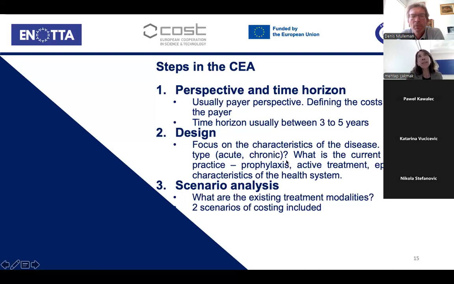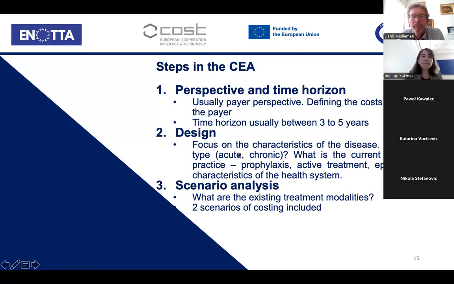Firstly, these should be with cost-effectiveness analysis. They are combined. We can't distinguish the two of them from a cost-effectiveness analysis. There are some common steps, common methods, and some distinct features, distinct characteristics.